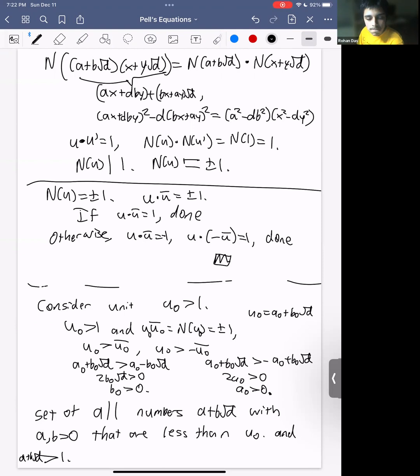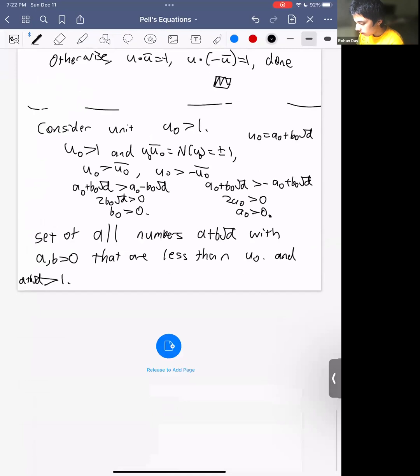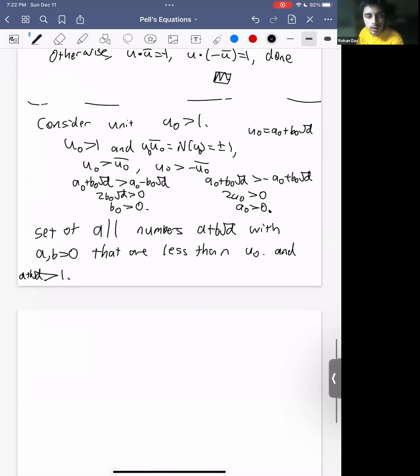So now we can find some restrictions on these. We just need to show that this is a finite set because any group of finite numbers will always have a minimum element.